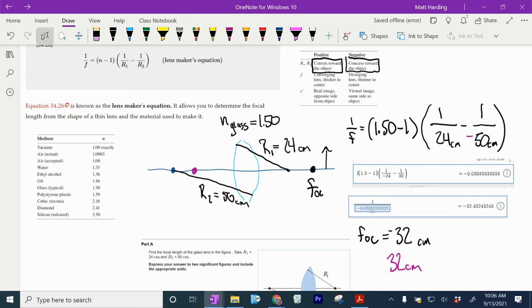The thing I'm curious about too is this 1.5 minus 1 to determine the focal length. I mean, it has it written as n minus 1. Is that because 1 represents the index of a vacuum? Do we put in a different number if we have this lens in water? Yeah. Would we write 1.5 minus 1.2? Yeah, because it's going to change the focal length.